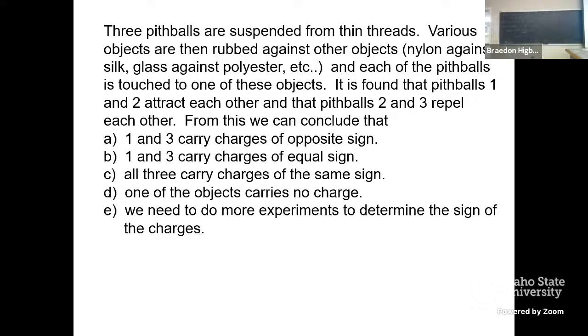We do know the charges 2 and 3 have to be opposite, but 1 and 2 attracting each other only tells us that 1 is either charged opposite to 2, which means it would also be opposite charge to 3, which would be the case A, or it could be neutral because it's attracted to something we know is charged. So we cannot say that 1 is the same charge as 3 because there's a possibility that 1 could be neutral. So the correct answer here is E, in that we need to do more experiments. Okay.